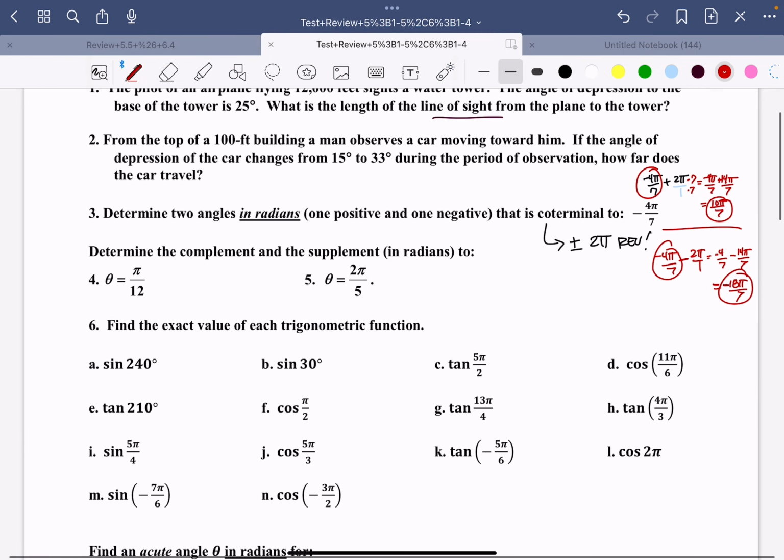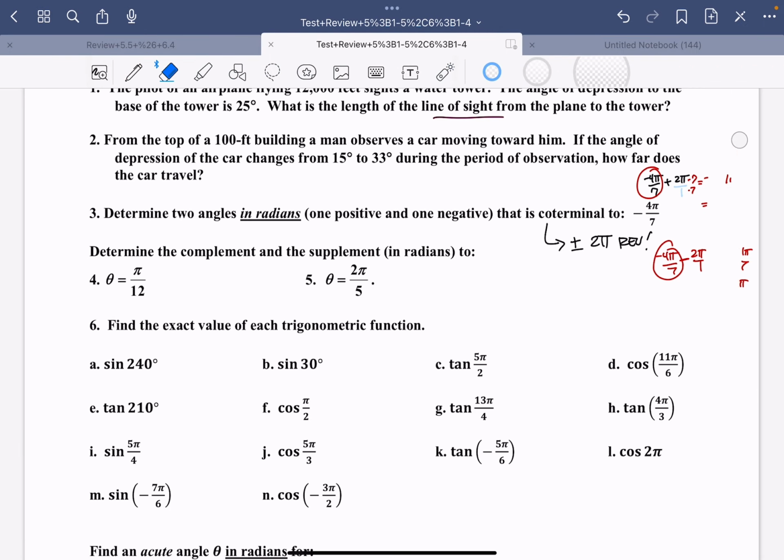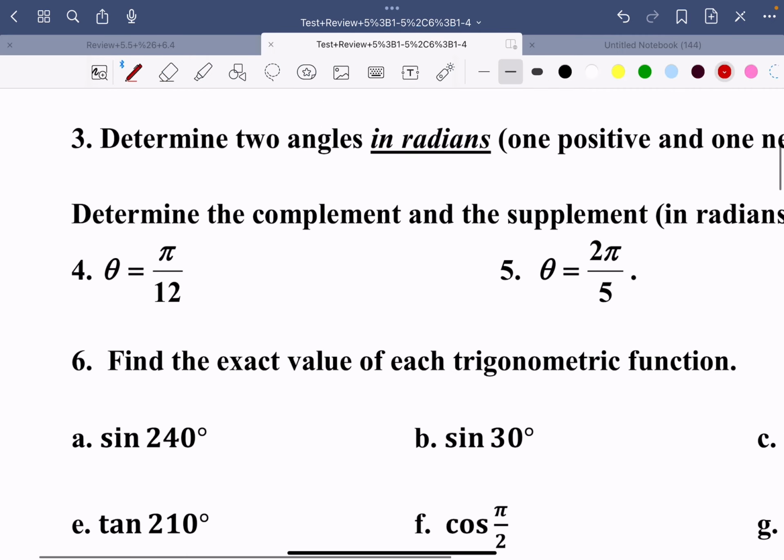Okay. Now we want to do complements and supplements. When you're thinking about complements, you are going to take pi over 2 and subtract your angle. And when you have a supplement, it's going to be pi minus your angle. And if you get a negative, something's weird and you don't get an answer.